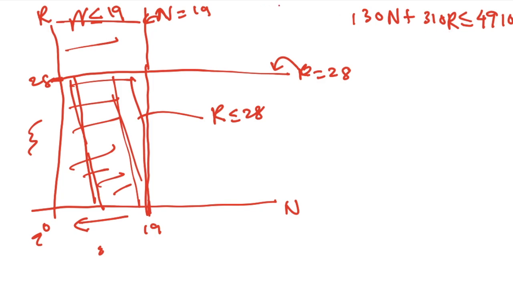So we need to leave r on the left hand side, the rest on the right hand side. So this is how we do it: 310r less than or equal to 4910 minus 130n.